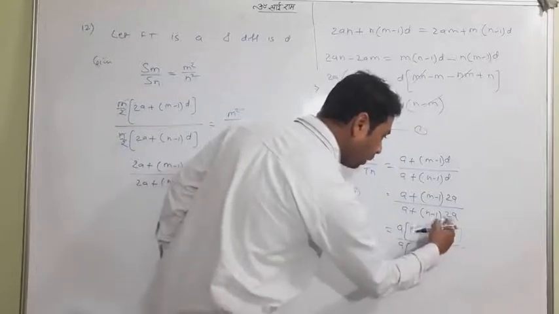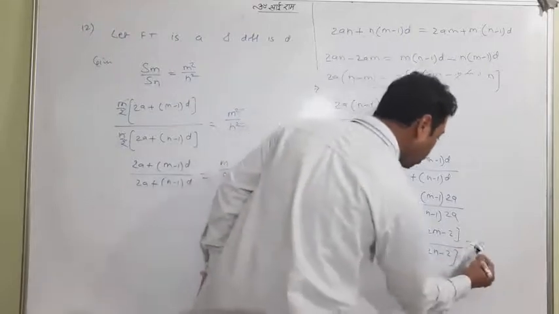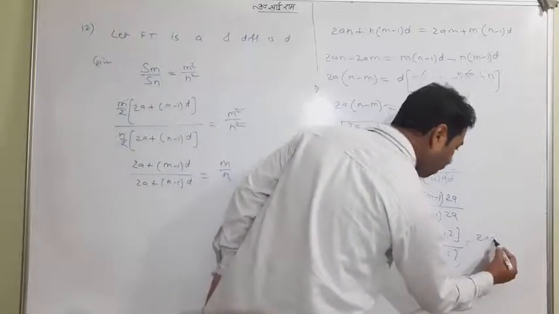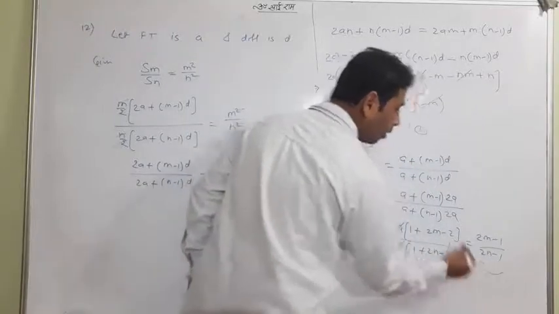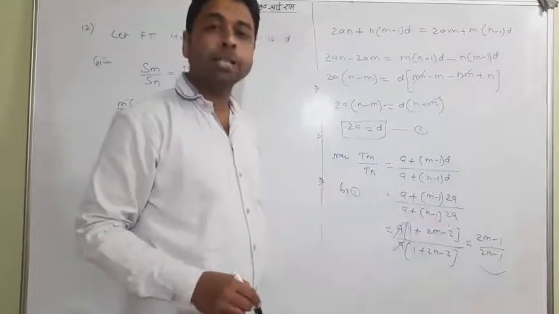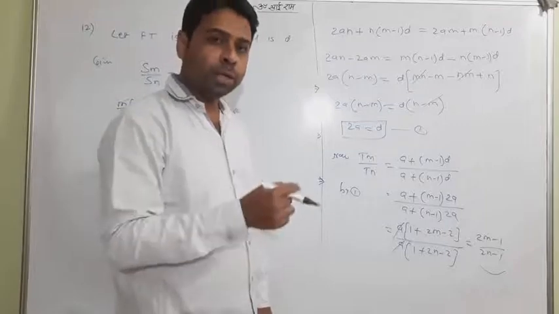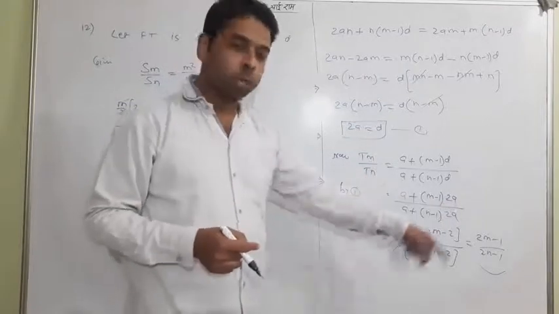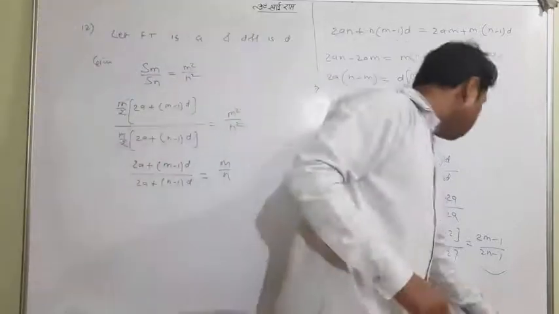Take a common and multiply 2, 2n minus 2 is here. a and a cancel. So what answer? 2m minus 1 and 2n minus 1 we are having at the end. This is hence proved, because it was told to prove that the ratio of mth term and nth term is equal to this one we have got. So that's the end of the question.